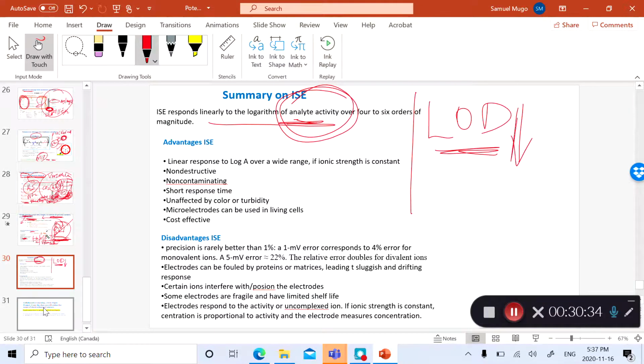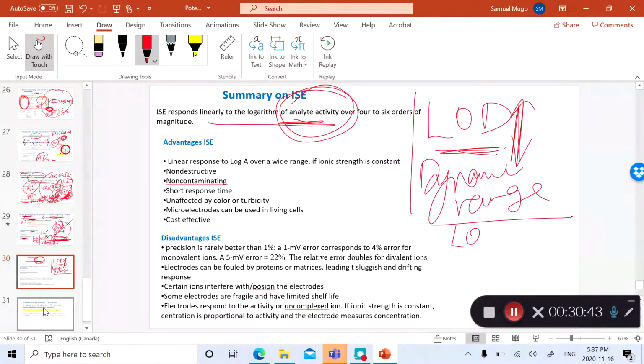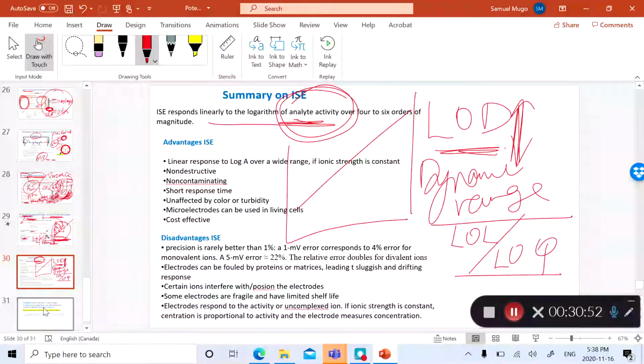They are not very, very low. The dynamic range, which I hope you guys remember, is the limit of linearity divided by the limit of quantification. That is the range at which the calibration is linear. In general, they don't have a very good dynamic range.